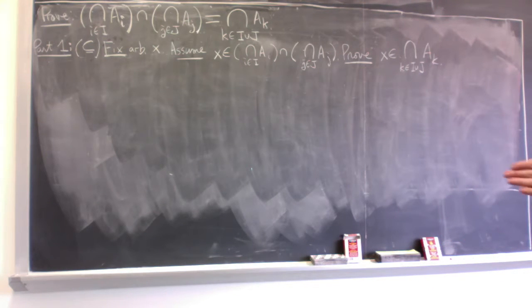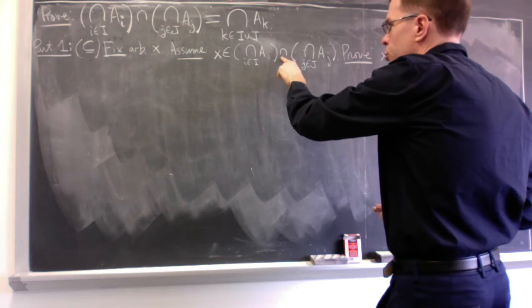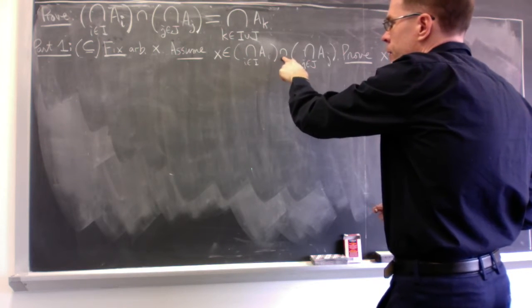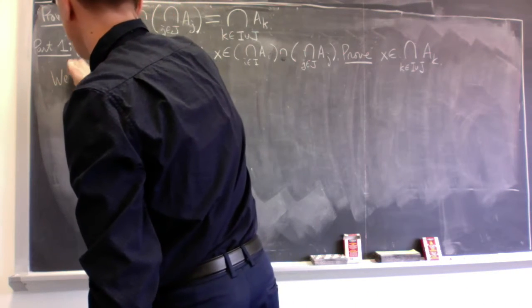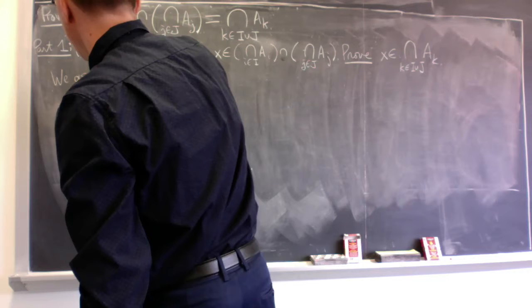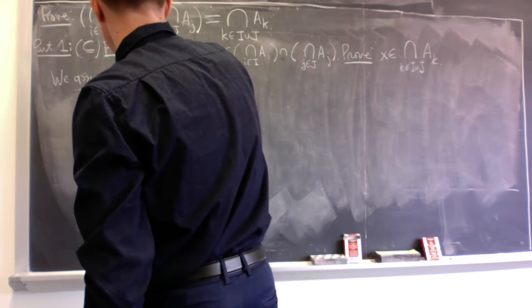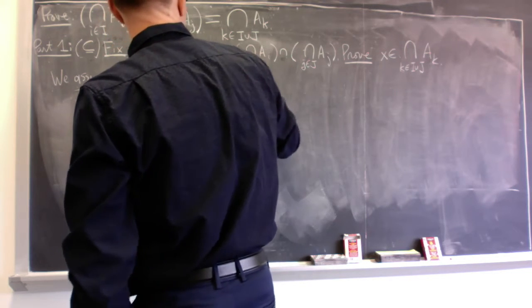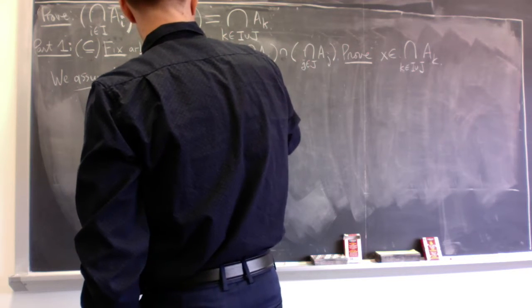All right, and so just keep going. Just keep cranking through definitions until you get down to the basic stuff. Just be sure to crank through them in the right order. Like here, the first thing that has to get expanded is the individual intersection, the old intersection of two sets. So what did we assume here? We assumed x is in set number 1, and x is in set number 2.